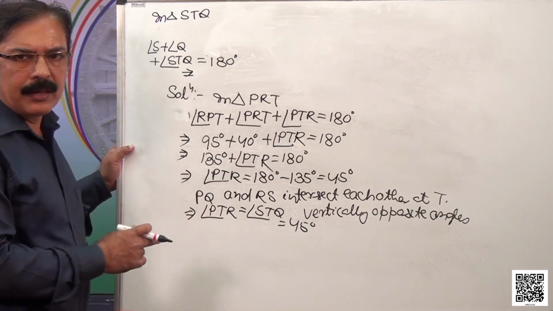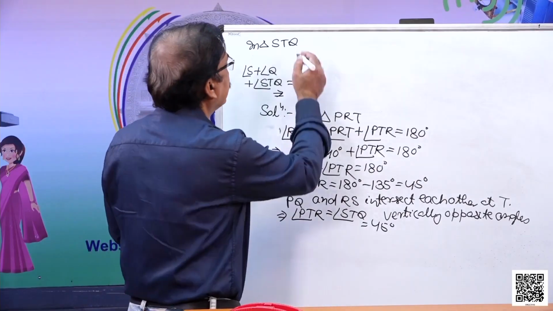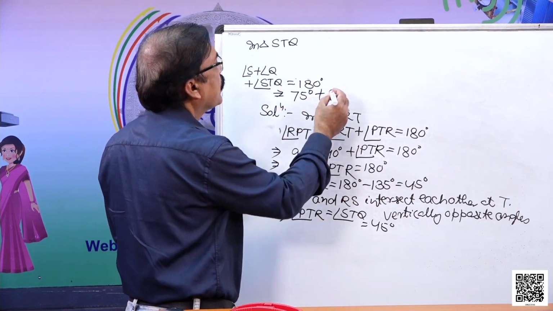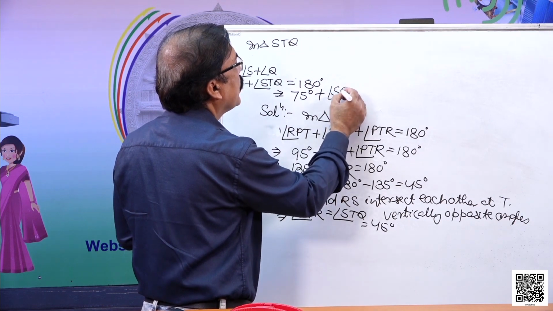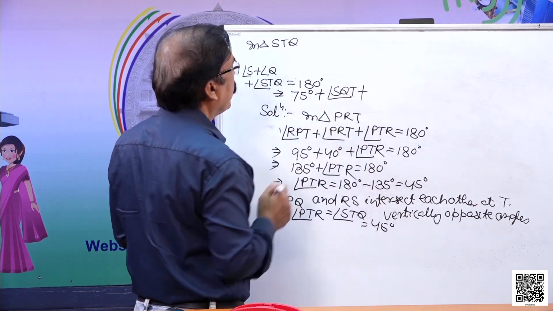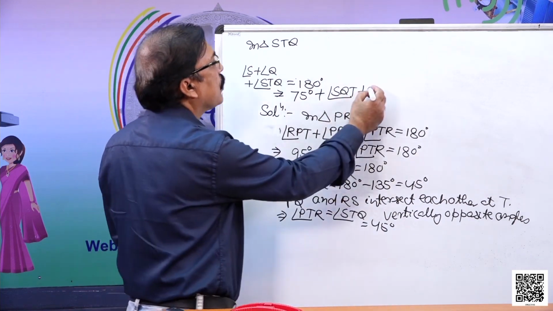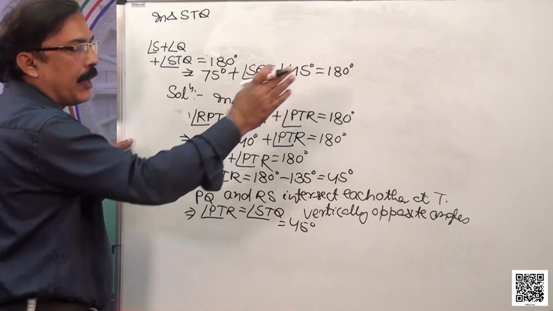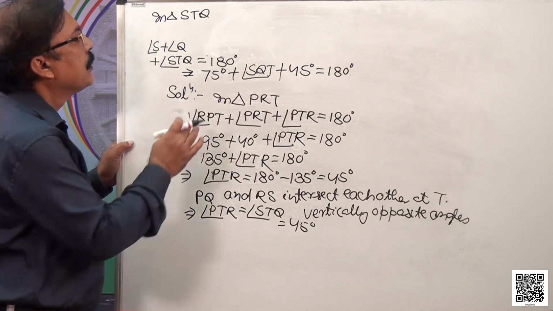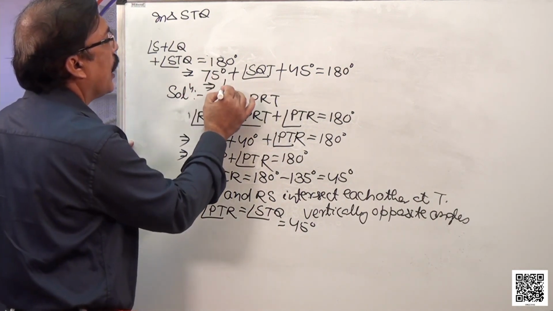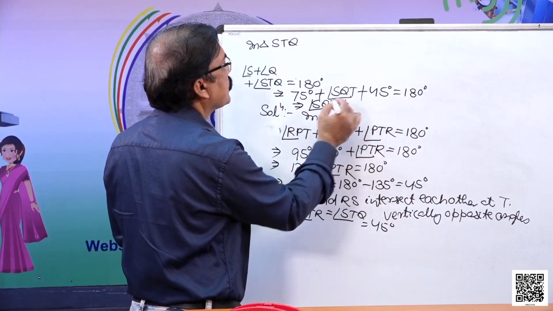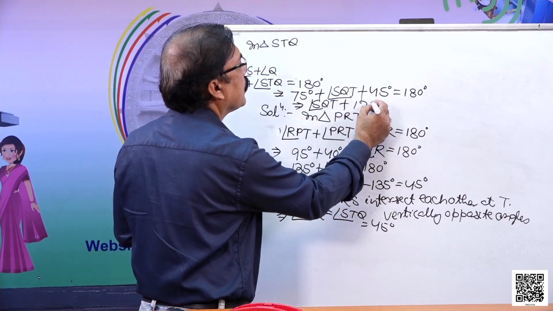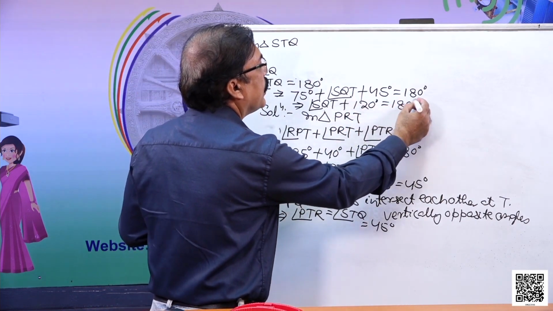Angle S is given to be 75 degree plus angle Q or angle SQT, keep as it is, plus angle STQ is equal to 45 degree. This is equal to 180 degree, again by the angle sum property of triangle. From this we get that angle SQT plus 75 plus 45, 120 degree is equal to 180 degree.